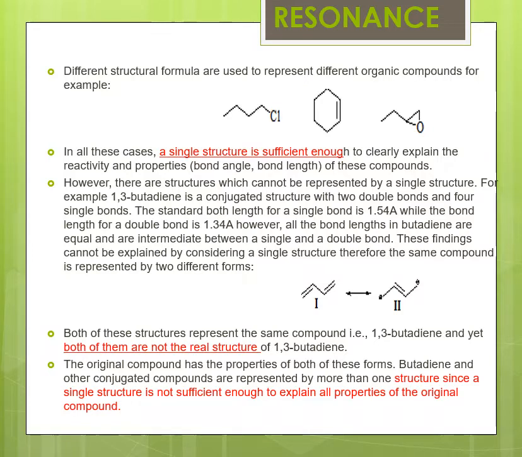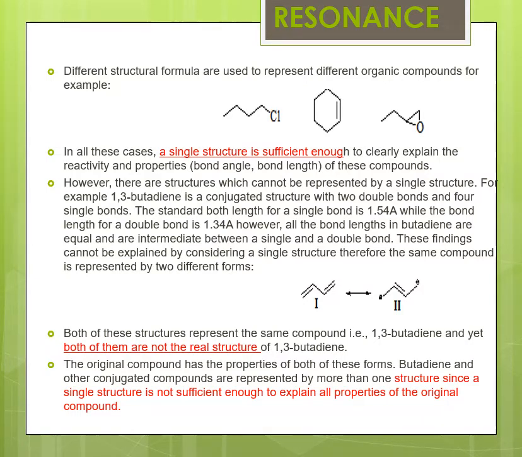If we consider the bond lengths, we say that a double bond is shorter than a single bond. The bond length for a double bond is 1.34 Angstrom, but the bond length for a single bond is 1.54 Angstrom, because a single bond is longer.